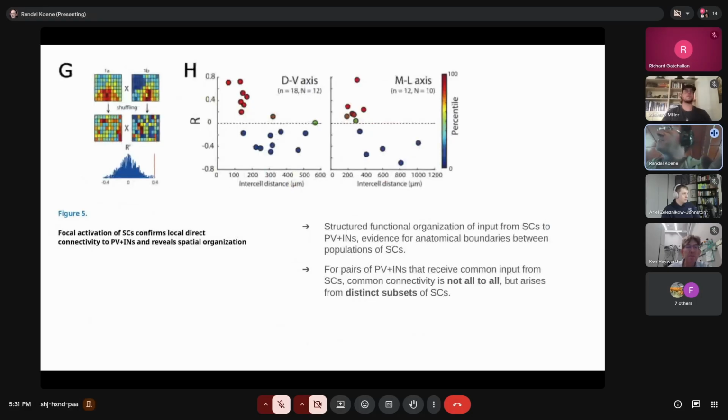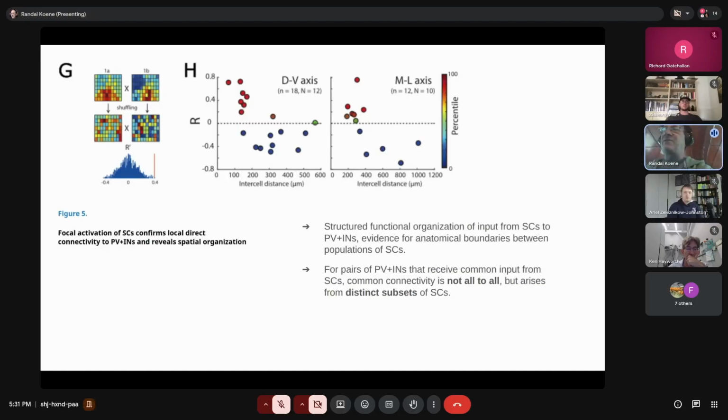This is the last part of the same figure. I couldn't put all of that on one slide, and they move on here to a different part of this. If grid cell clusters result from locally organized connectivity of the neural circuits in medial entorhinal cortex, we'd expect to find a corresponding organization of functional stellate cell to parvalbumin interneuron connections.